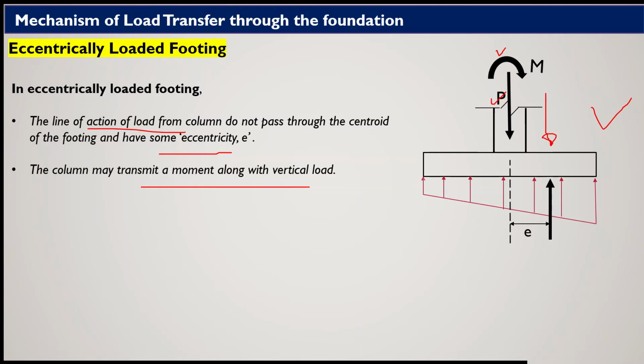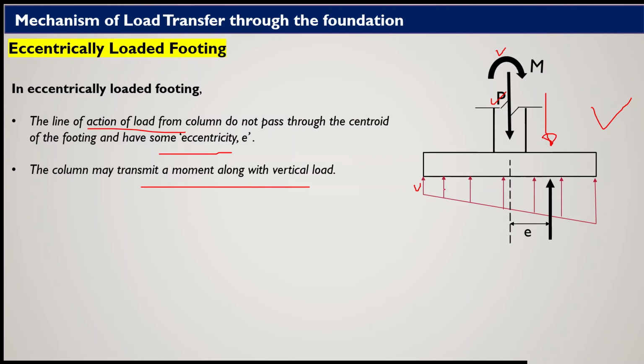You will see now the pressure diagram is not a uniformly distributed load, it is a trapezoidal type of load. That means the intensity of the pressure varies from one end to the other end.